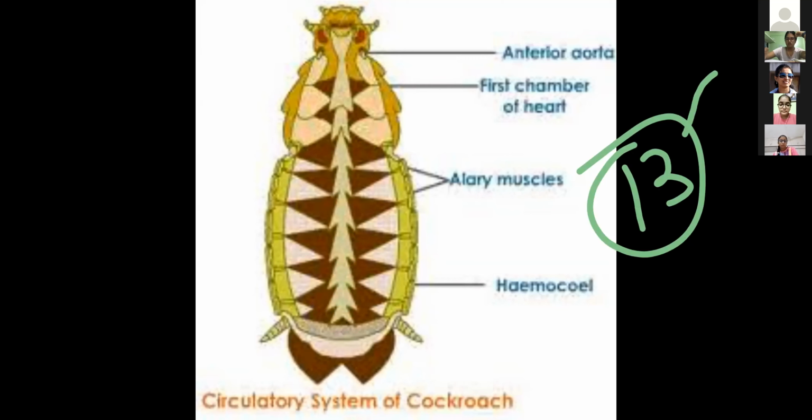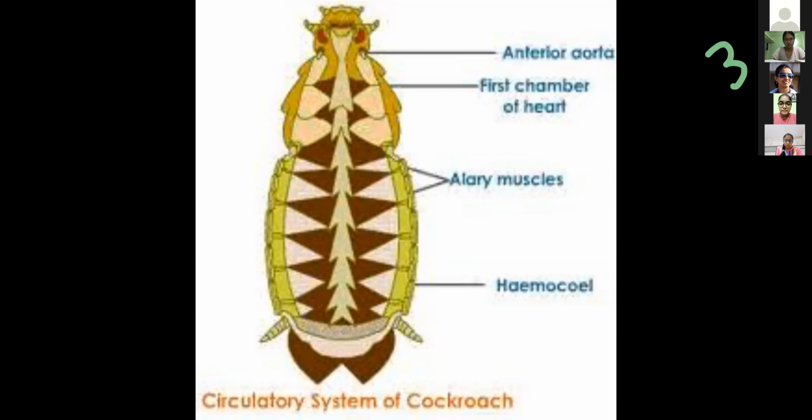Three units are located in the thorax, one in the prothorax, one in the mesothorax, one in the metathorax, and 10 are located in the 10 abdominal segments. 3 plus 10, thorax plus abdomen. In each one, a heart unit is present. So 10 plus 3, total 13, right? These hearts help in pumping the blood.